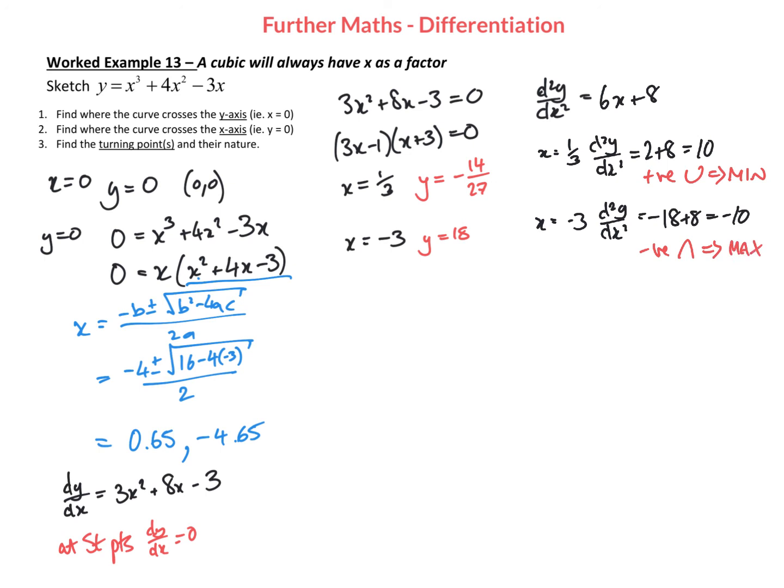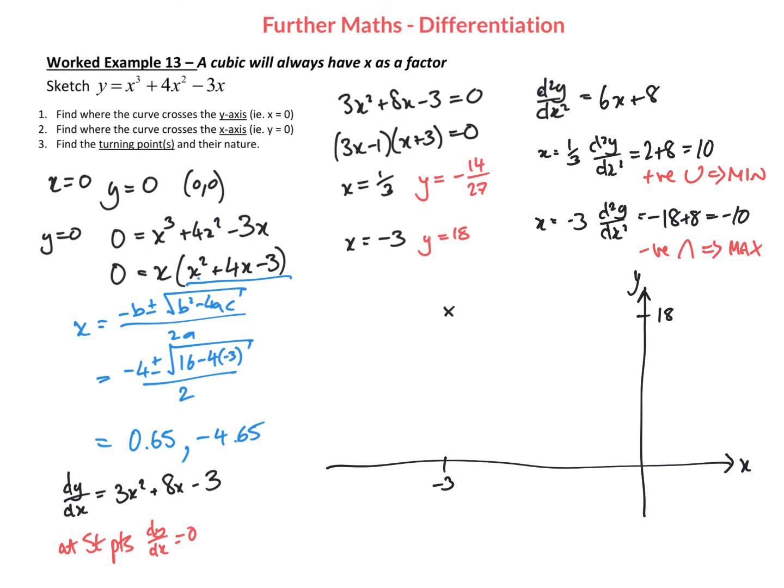So all we have to do now is draw our curve. Here's our x-axis and our y-axis. And I know that it has to go up to 18 here. So I'm going to put minus 3, 18 on. There's negative 3, 18. That's my maximum point.